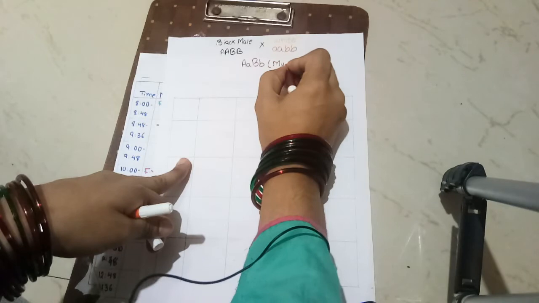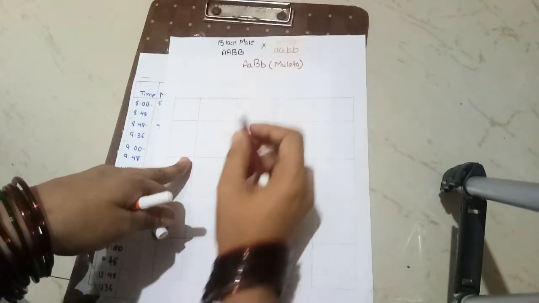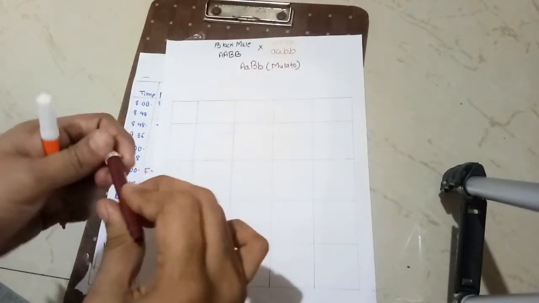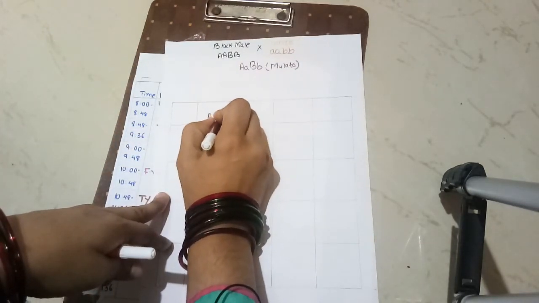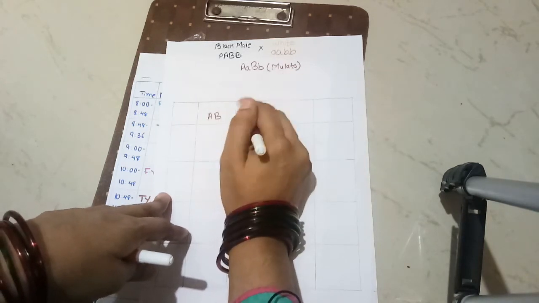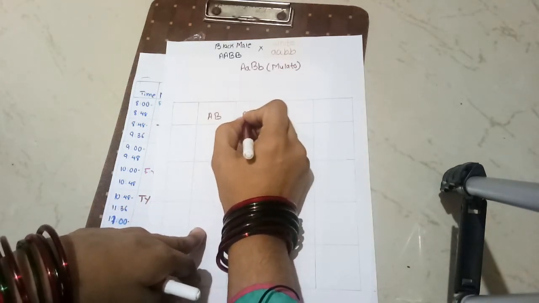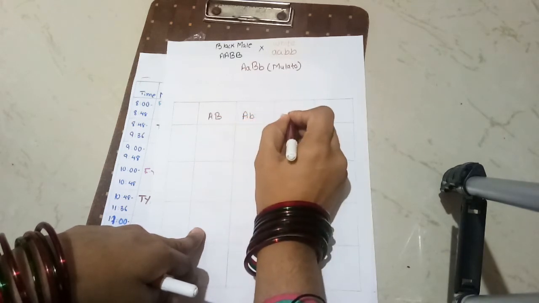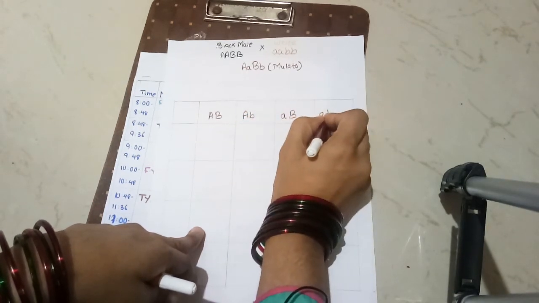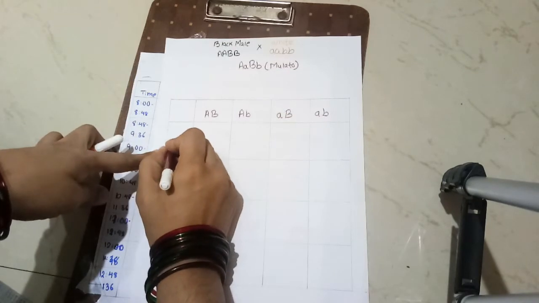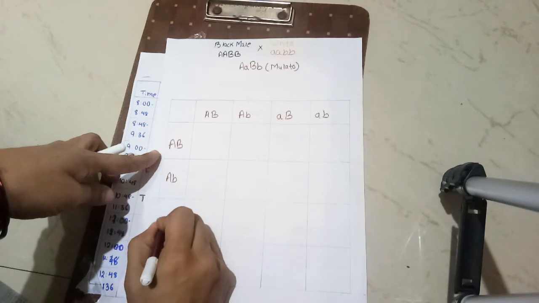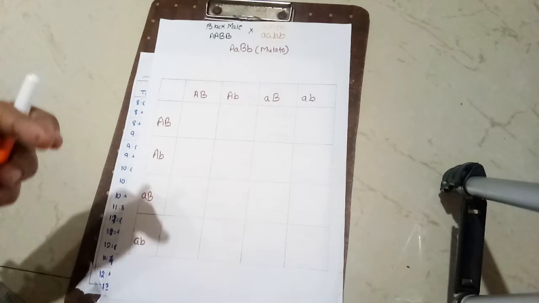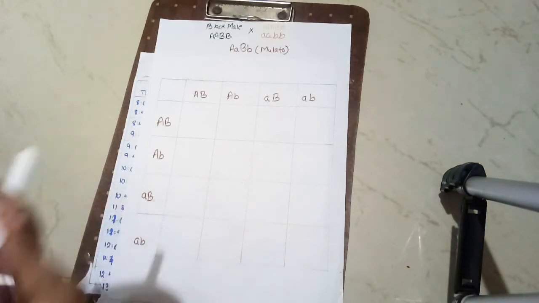Okay, so let us make the gametes. We know till now that the gametes formed will be capital A, capital B. When the crossing of mulattoes is done, we get capital A, capital B, capital A, small b, small a, capital B, small a, small b. Students, you also make it with me. Now we will make the table very fast. I will use this color for the mulatto.